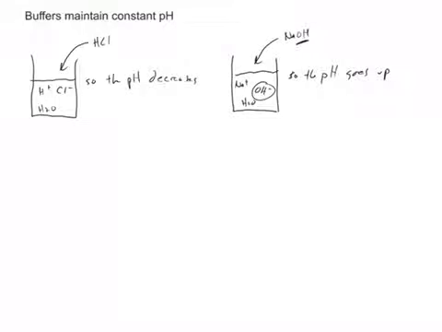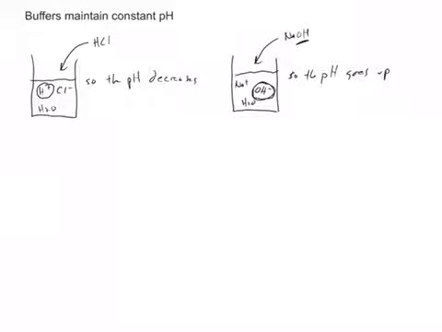So in order for a buffer to work and maintain constant pH, it has to have something that's going to react with this hydrogen ion so that it cannot be free. And it's got to have something that's going to react with this hydroxide ion so it can't be free.